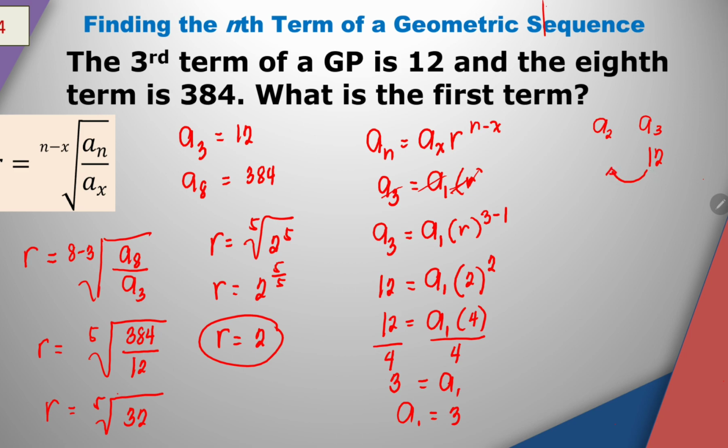I am going to divide 12 by the common ratio, 2. And 12 divided by 2, I will get a 6. And if I go left, I will be arriving at a sub 1. So I can simply say 6 divided by the common ratio, which is 2, and I will be arriving at 3. Thus, I can still say that a sub 1 is equal to 3.